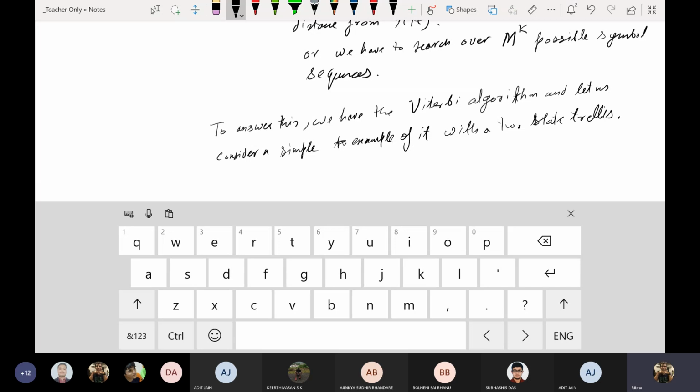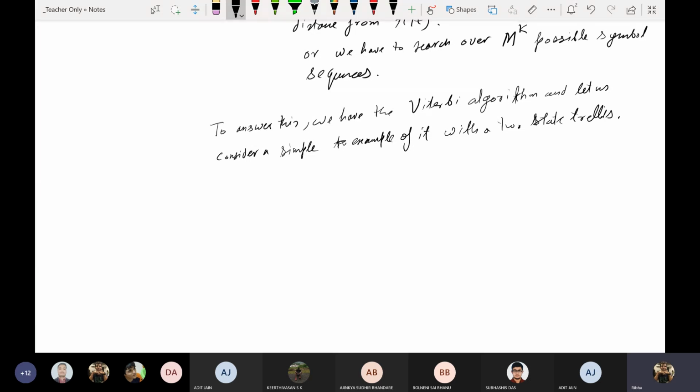So instead of describing the Viterbi algorithm, what I'll be doing is I will give an example and the algorithm will become clear. Fine.